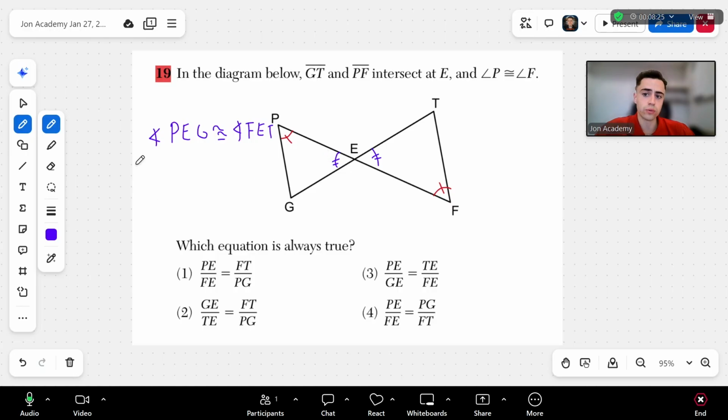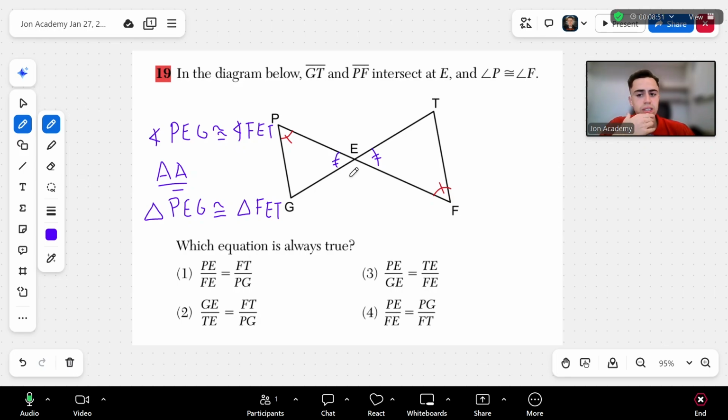And then now we have two angles that are congruent between each other. So we can use the angle-angle criteria and say the triangle PEG is congruent with triangle FET, no? That would be FET.